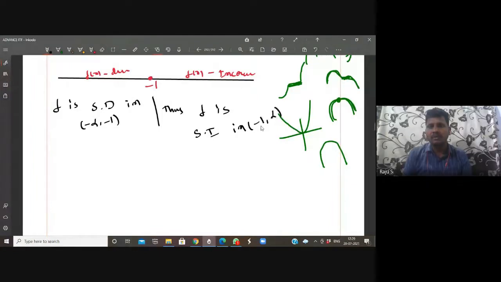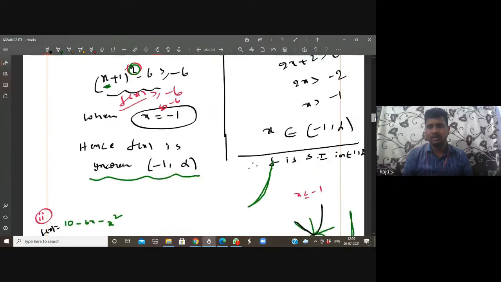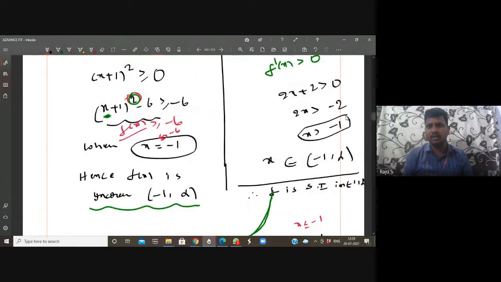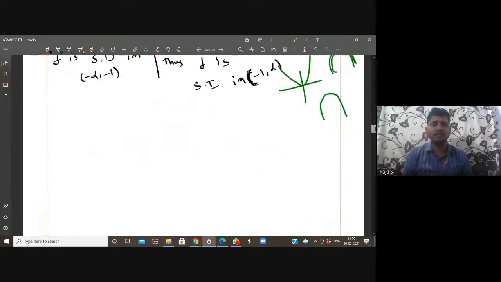You should not take a closed bracket, just an open bracket. At -1 it is constant; for every value of x more than -1 it will increase, but at exactly -1 the value becomes 0. So x greater than -1 is increasing, and less than -1 is decreasing.